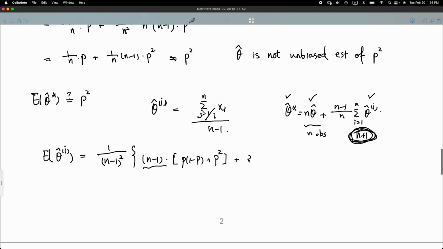And then we also have 2 times n minus 1 choose 2 for p squared, because theta hat i involves n minus 1 observations now.